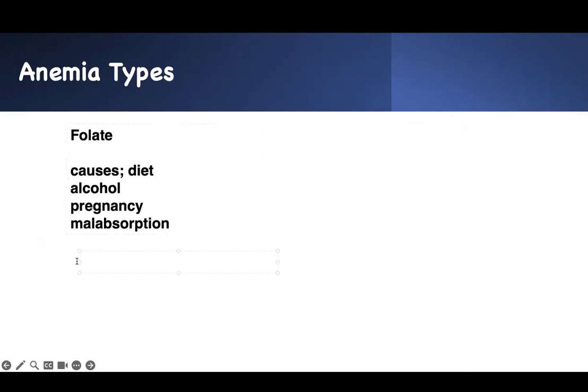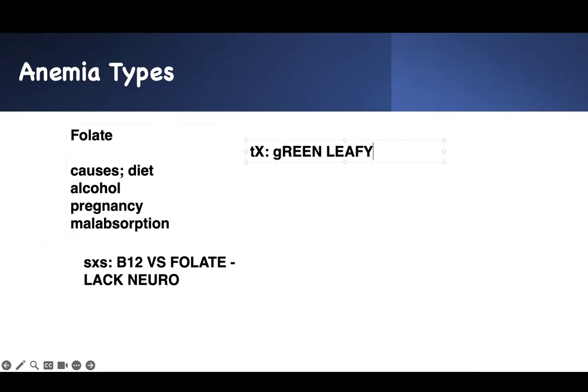The key thing I want you to know between B12 versus folate is the lack of neuro symptoms. Even though they both cause macrocytic anemia, there are no neurological symptoms associated with folate. Folate deficiency can lead to neural tube defects, but pay attention, no neurological symptoms associated with it. Key, the treatment: let them increase their folate. So green leafy vegetables are very, very good, right?